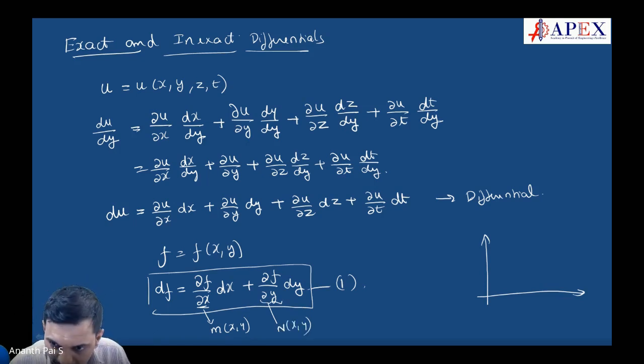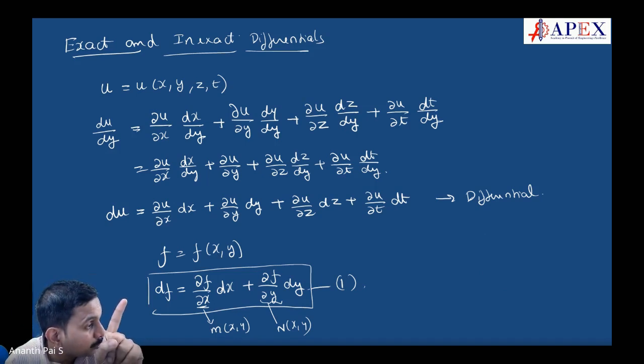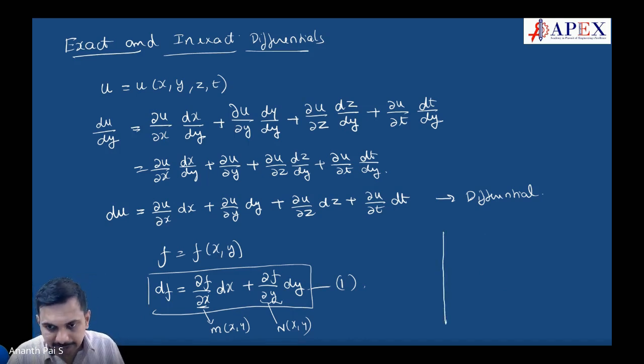So the differential I will write as df, or if df is equal to constant, it would be along the line where f is equal to constant. I'll write it in the next slide.